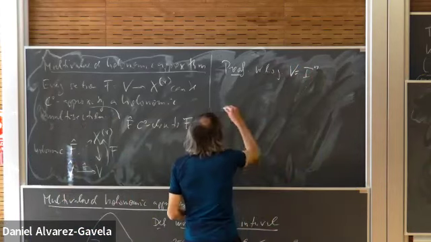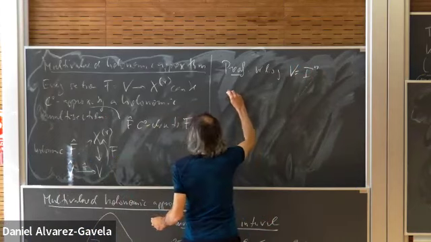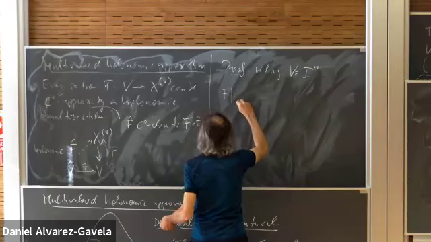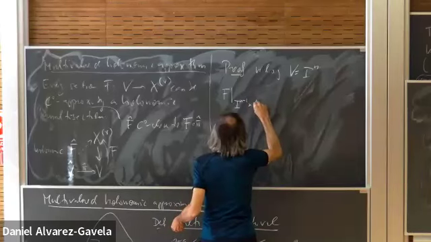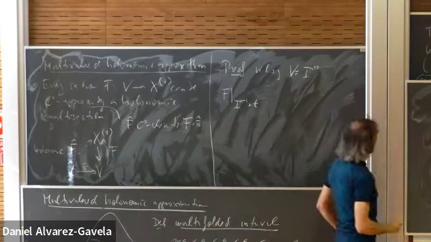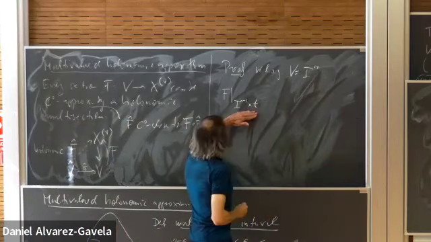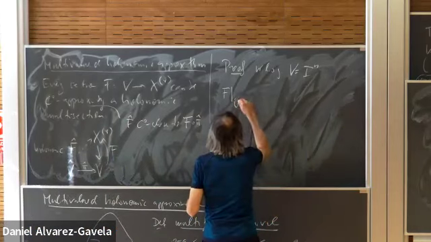What we'll do is restrict this section to the n-1 cube cross some fixed t. So we should restrict it to an open neighborhood of this one.